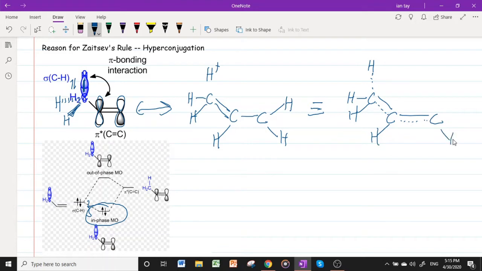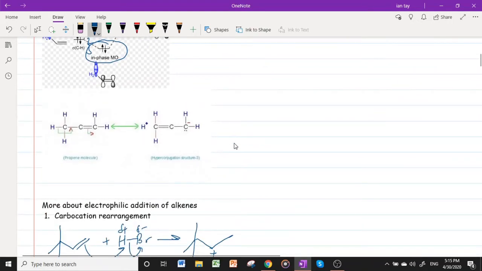And because we know that resonance always results in energetic stabilization, correct? So that is the valence bond theory way of explaining how hyperconjugation brings about stabilization, right? So as you can see over here, these would be the two resonance hybrids.